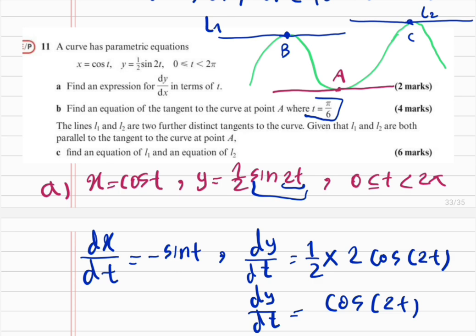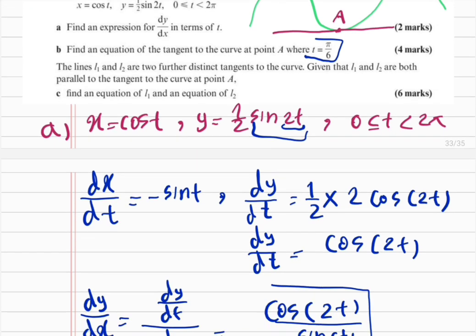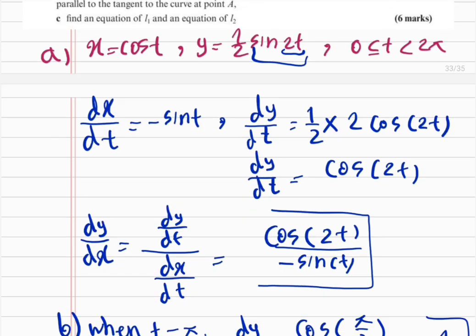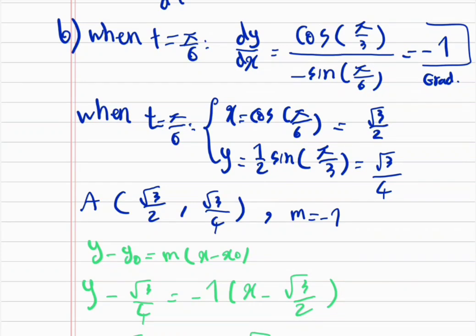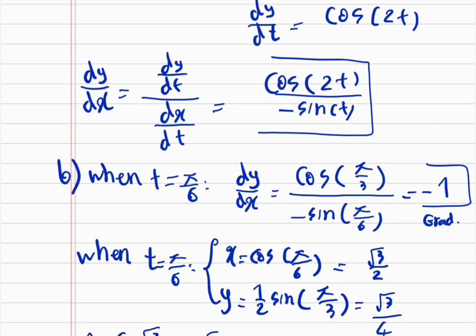And now we need to find the coordinates of B and C. So how can that be translated algebraically? Remember, the expression for the gradient is dy/dx, and we found that dy/dx is cos 2t divided by -sin t. So that's the expression for finding the gradient.